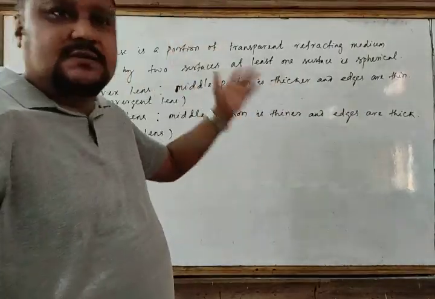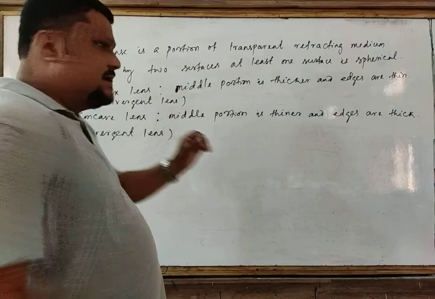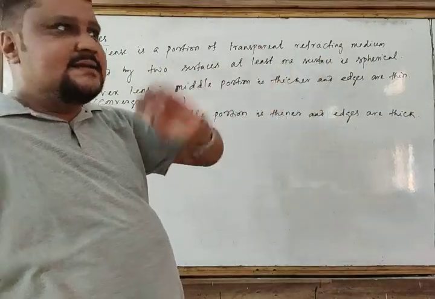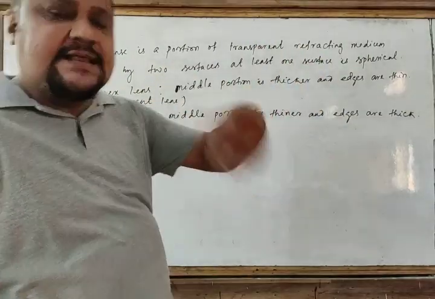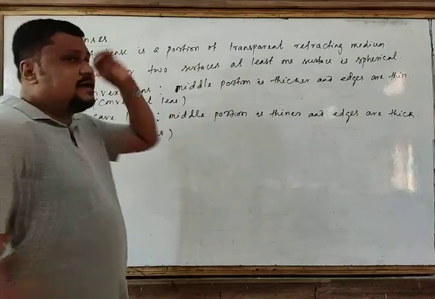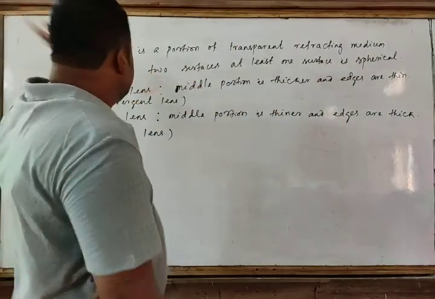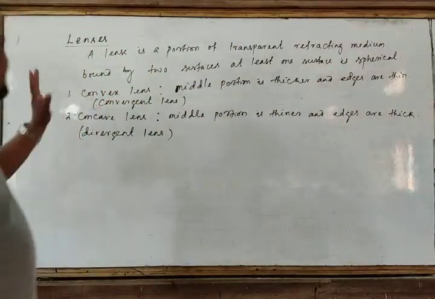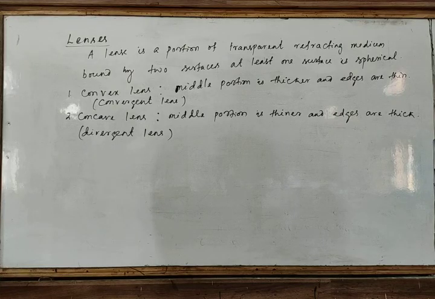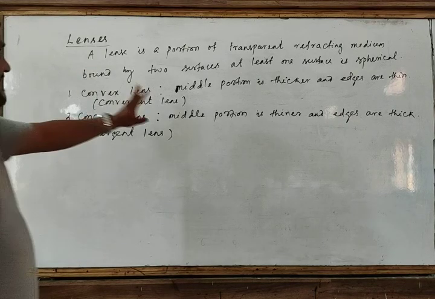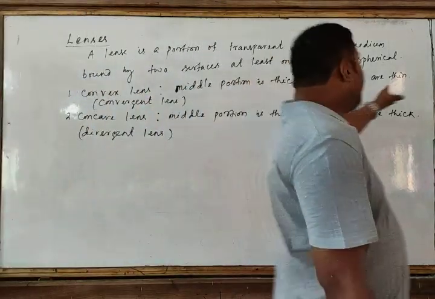If parallel rays are incident on a convex lens, then it will converge the rays. That we will discuss at a later stage. But commonly there are convex lenses and concave lenses, and in a convex lens the middle portion is thicker and edges are thin.